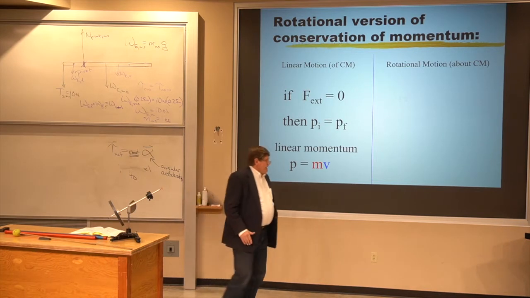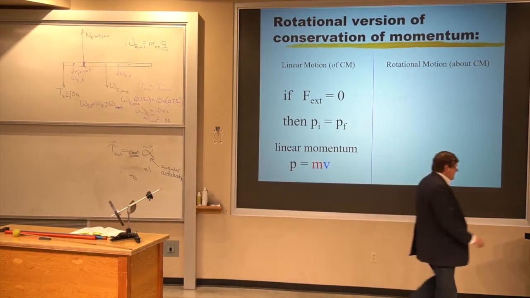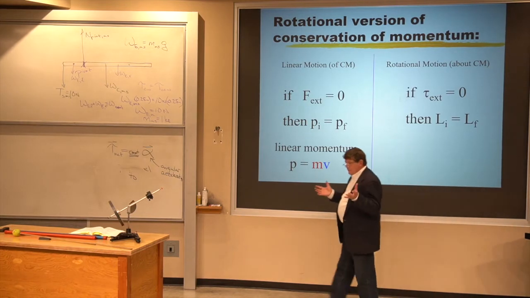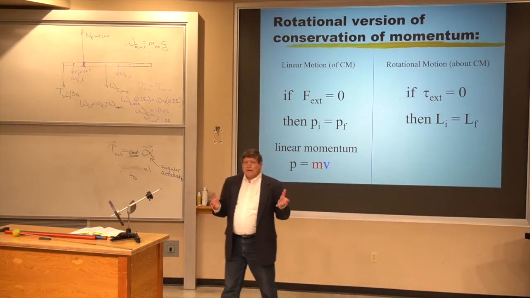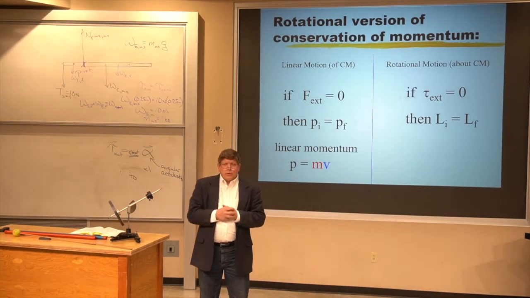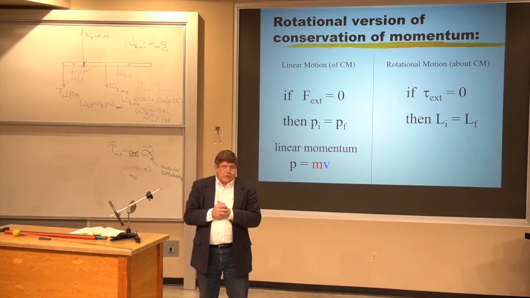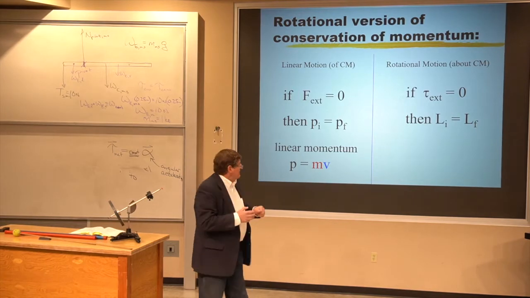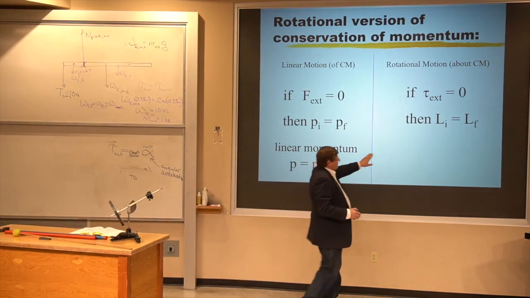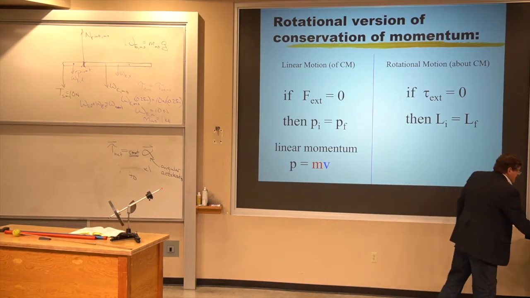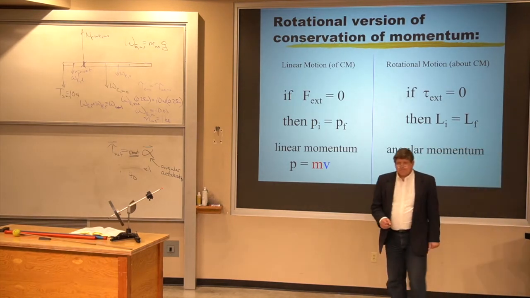Okay? Now, by way of analogy, if we can isolate a system so that there are no external torques, or that all of the external torques balance so that the net torque is zero, then there's going to be a quantity that's conserved or stays the same that we call angular momentum.